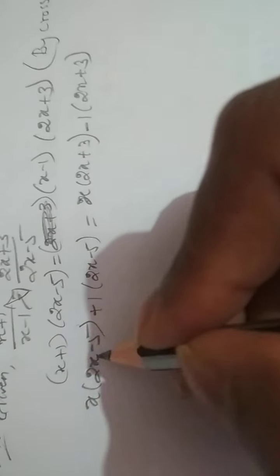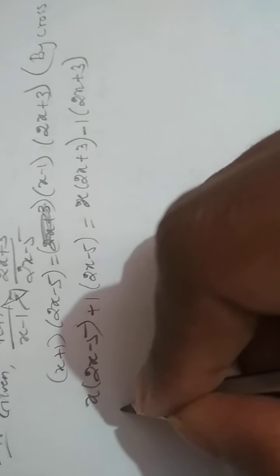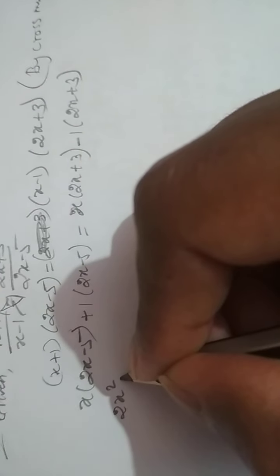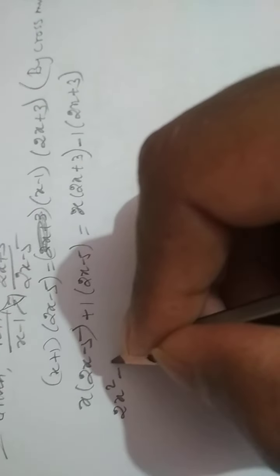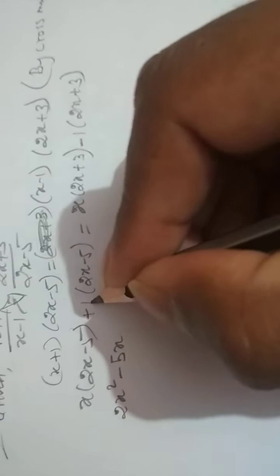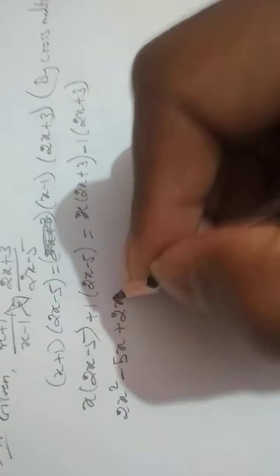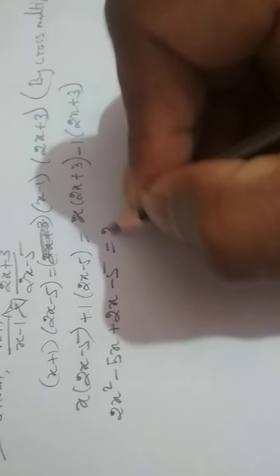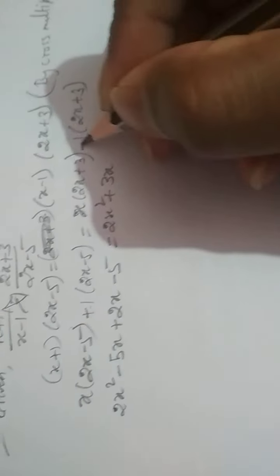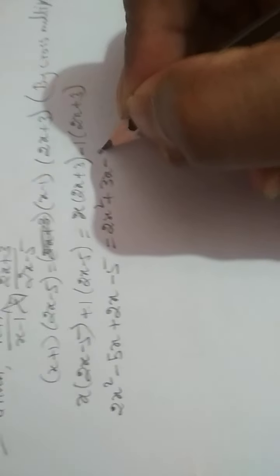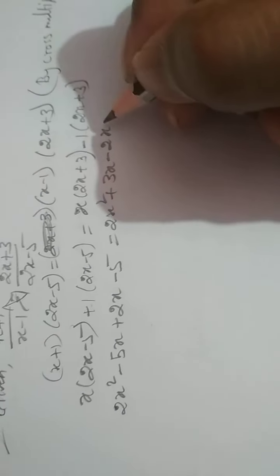X into 2x, 2x square. X into minus 5, minus 5x. Plus 1 into 2x, 2x. Plus 1 into minus 5, minus 5, is equal to x into 2x, 2x square, plus x into 3, 3x, minus 1 into 2x, minus 2x, minus 1 into plus 3, minus 3.